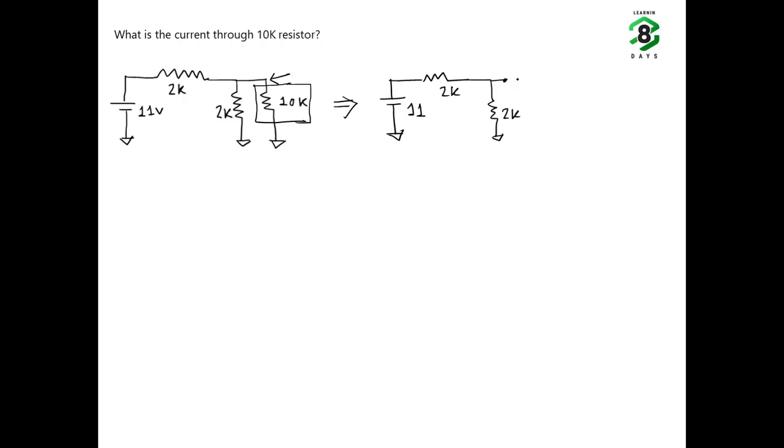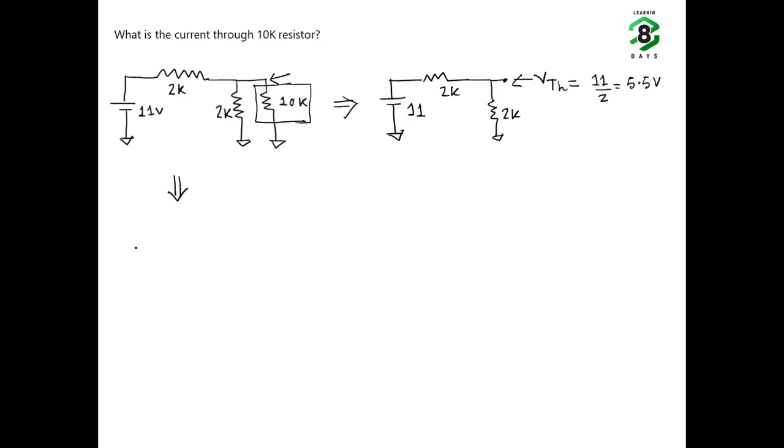So what is the voltage here? V Thevenin is nothing but 11 by 2, that is 5.5 volt. Now let's also find out the Thevenin's resistance.